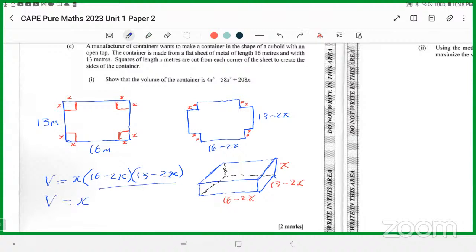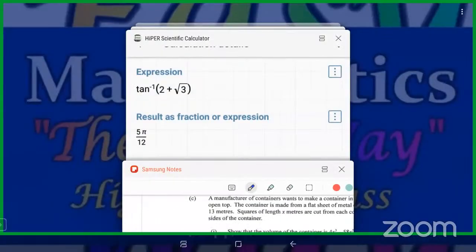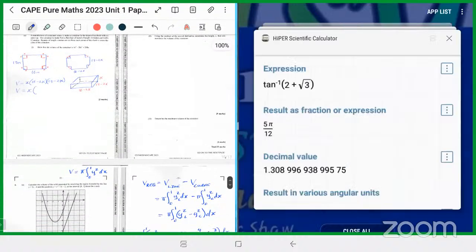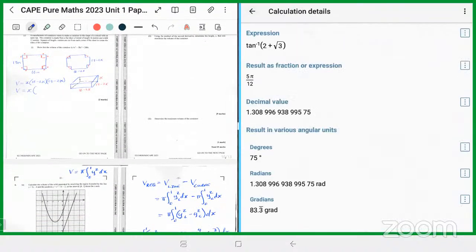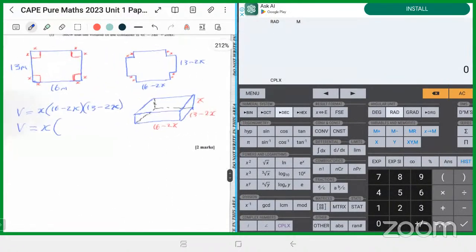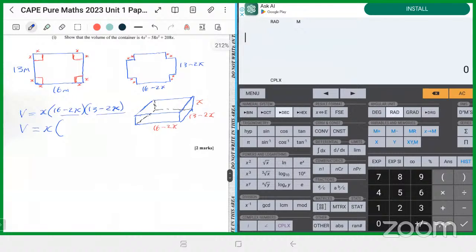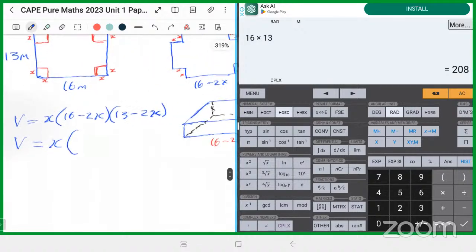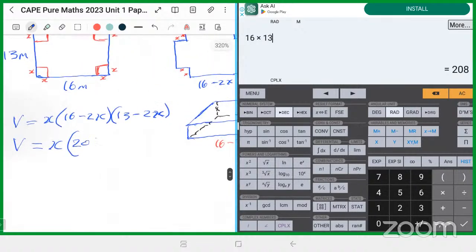I'm going to use the calculator. All right, I expand these 2 brackets first. The first is going to be 16 times 13. What is that? 208. So it's 208.